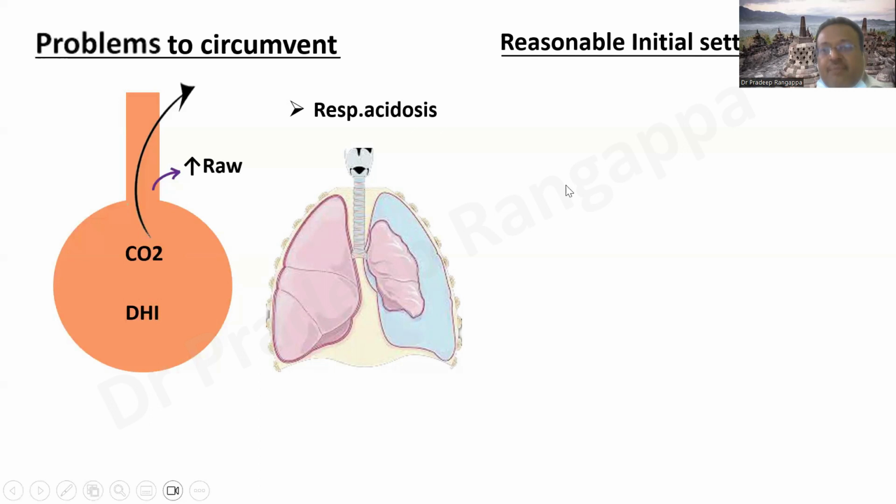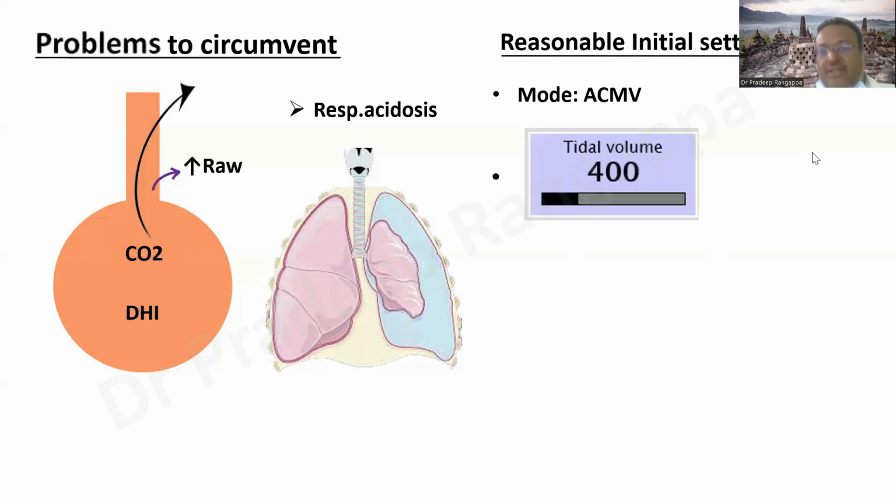So what are the reasonable initial settings that we could think of in COPD? The reasonable initial setting is assist control mode ventilation or controlled mode ventilation. Tidal volume has to be lower because we saw in the previous slides that increase in the tidal volume is something which will worsen your dynamic hyperinflation.